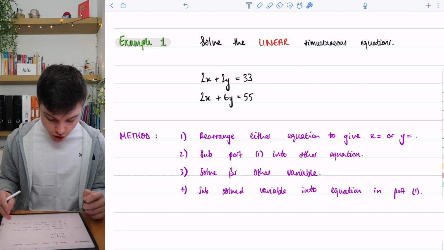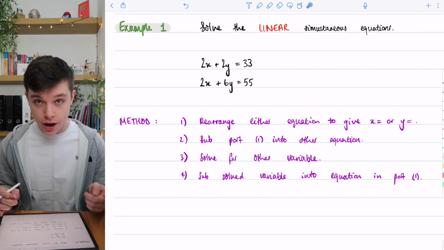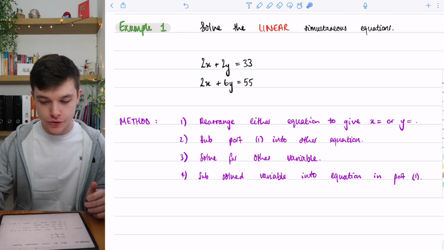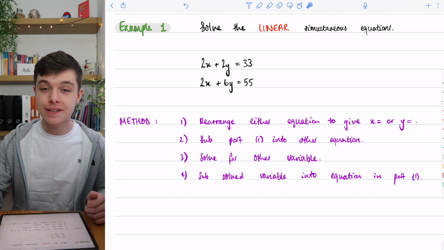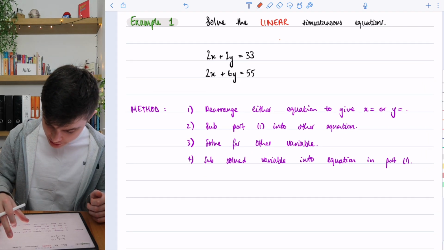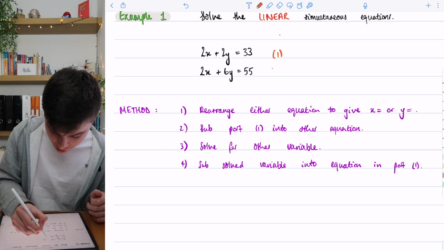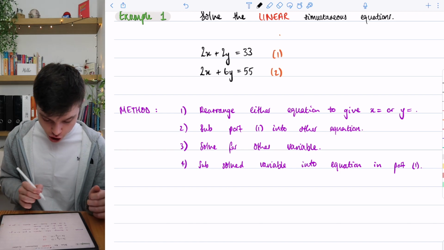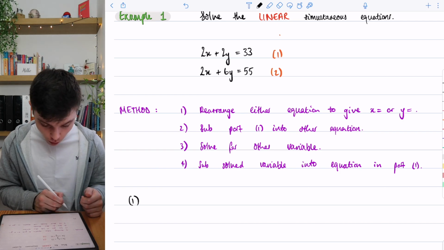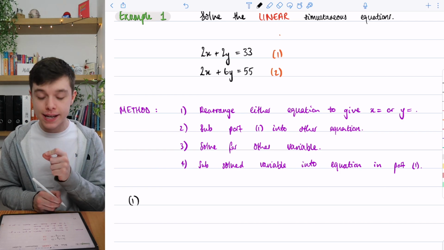So what we need to do first is rearrange either equation 1 or 2 to give x equals something or y equals something. I'm going to choose x equals something. So let's call this equation 1 and that equation 2. I'm going to rearrange equation 1, so we'll call this part 1, and I'm going to get x equals.